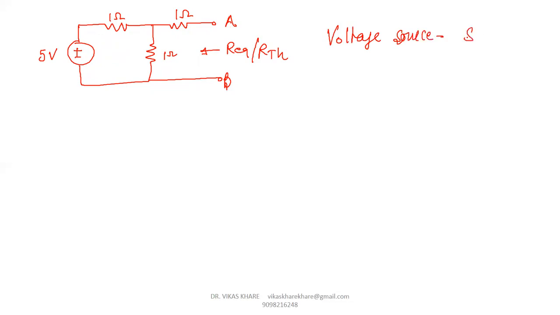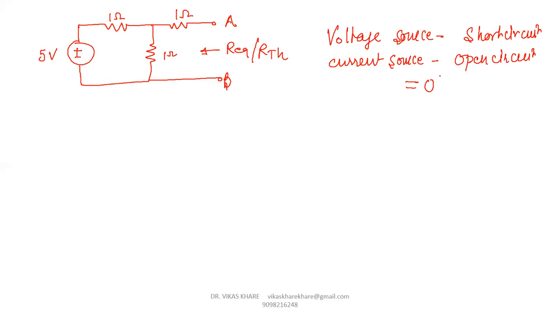So when we identify the equivalent resistance across the AB terminal, the voltage source is converted into a short circuit, or the current source is converted into an open circuit. Now the question arises: why is the voltage source converted into a short circuit and the current source converted into an open circuit? The ideal resistance of a voltage source is 0.